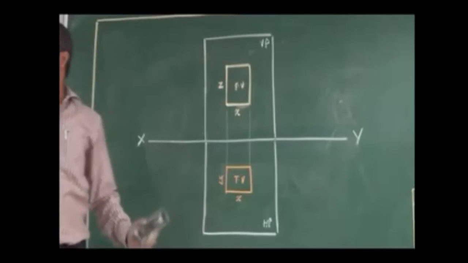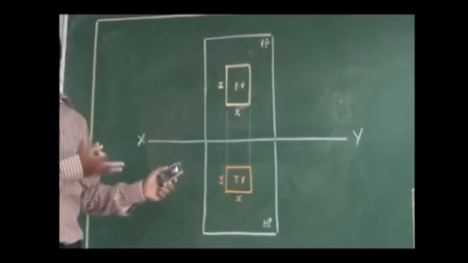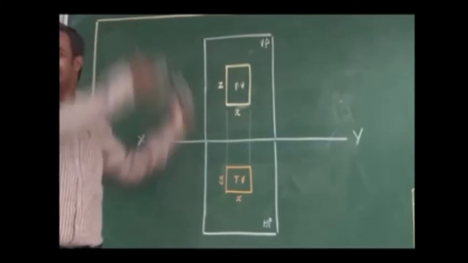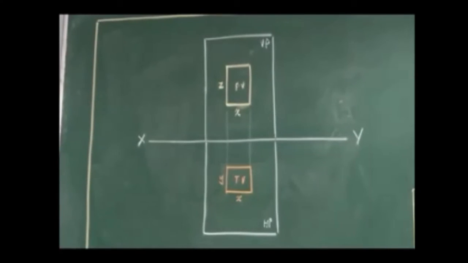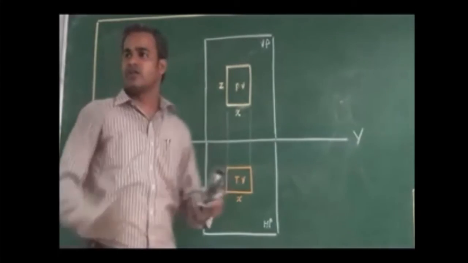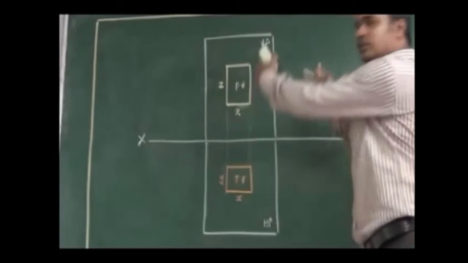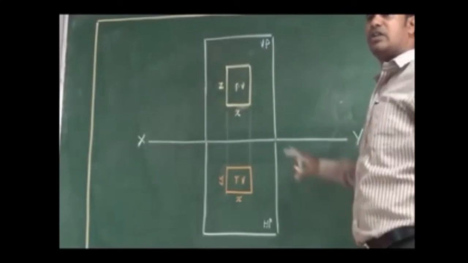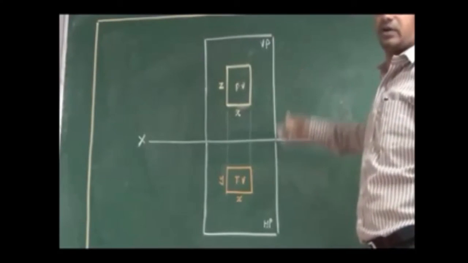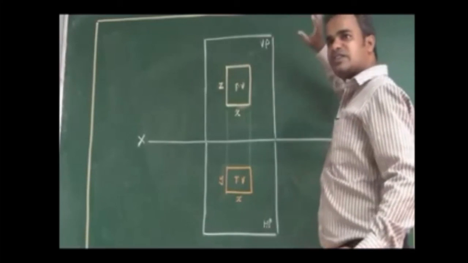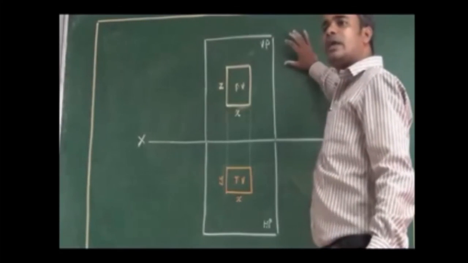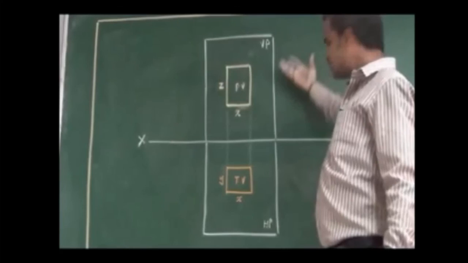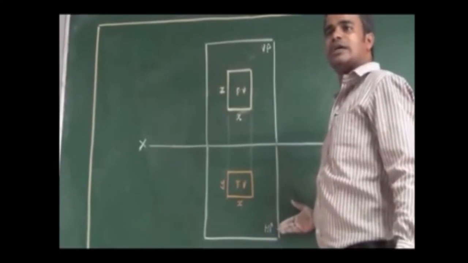You can see both views, front view and top view, are in line. That is important. You can see the front view length and the top view length are the same, but the front view and top view heights are different. And you should remember, as per the first angle projection, the front view will be above the reference line and the top view will be below the reference line.